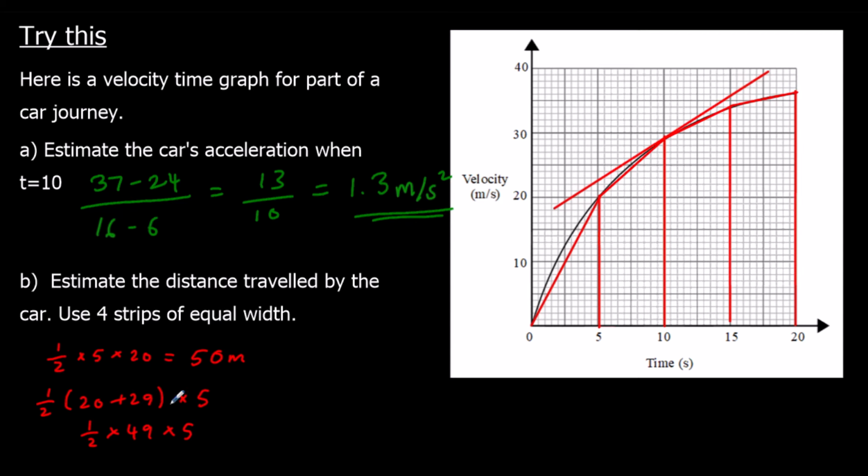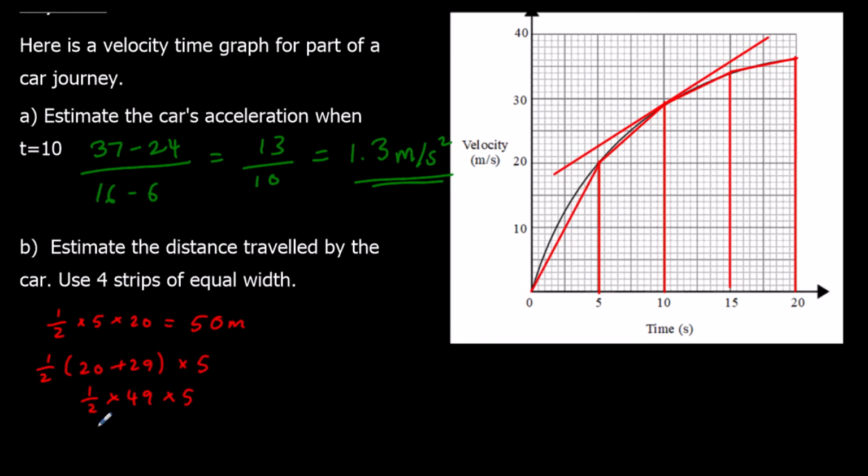So half of 49 is 24.5. 24.5 times 5. 24.5 times 10 is 245. So half of 245 is, so 245 over 2 is 122.5.